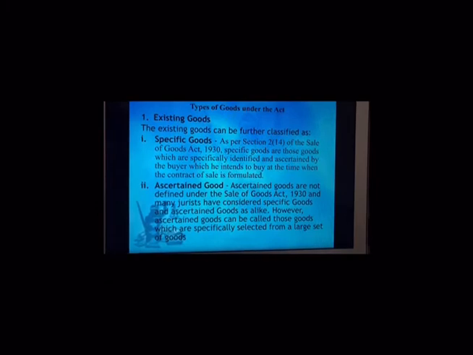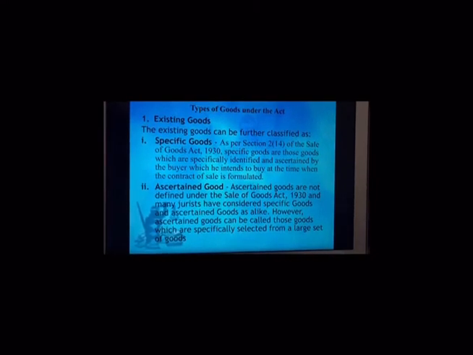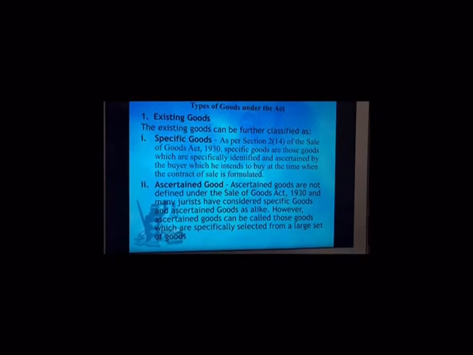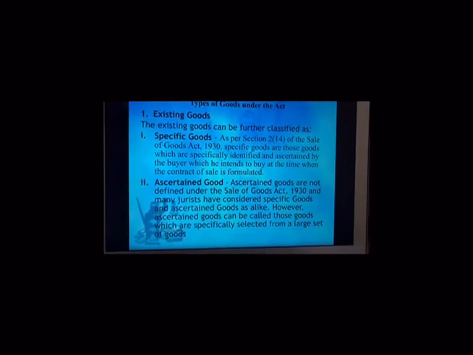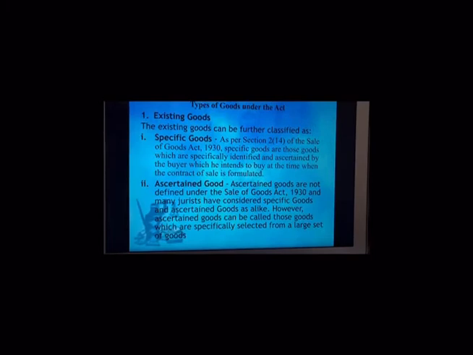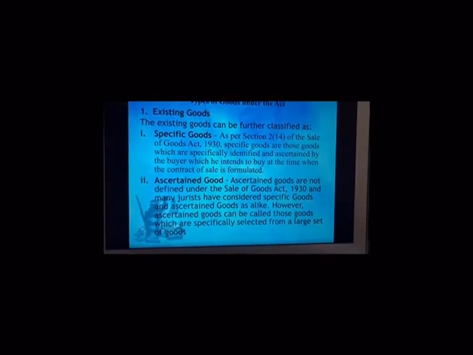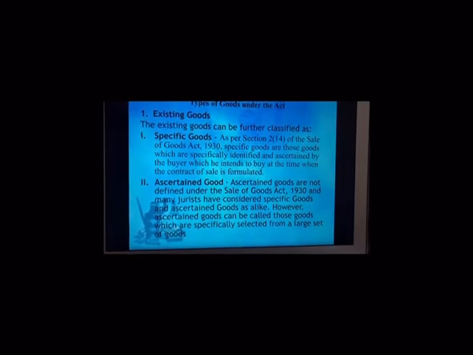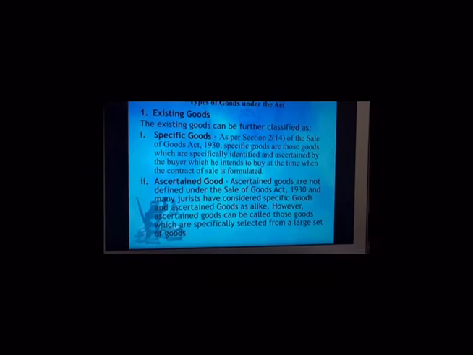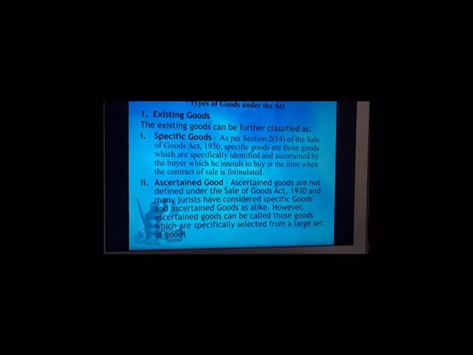Types of goods under the Act. Basically, there are 3 types of goods. First being existing goods. Under the existing goods, there are 3 subtypes. First being specific goods. The goods that the buyer and seller already know are supposed to be transacted are called specific goods. Certain goods.